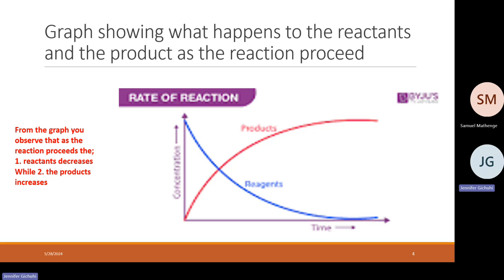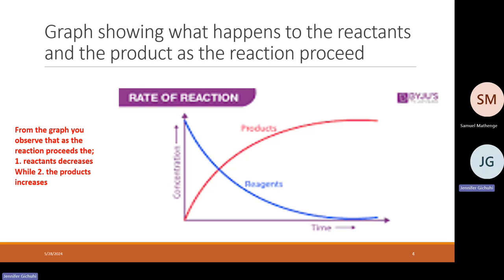It was at 100%, but you noted that it went on decreasing as time went on. Then there was another graph that was showing the products, which are starting at 0, because at the beginning we did not have any product, and they continue increasing over a period of time.